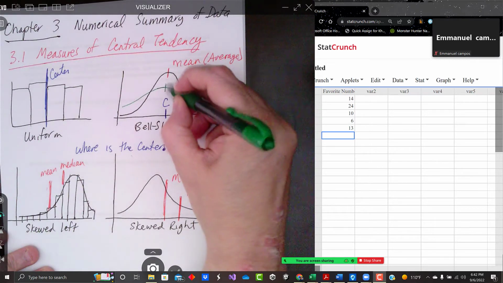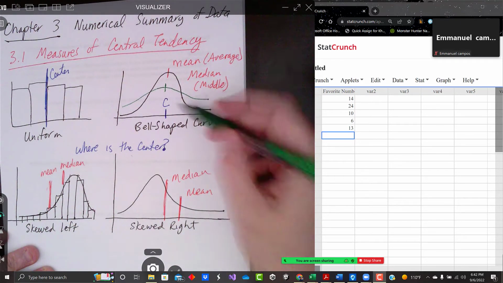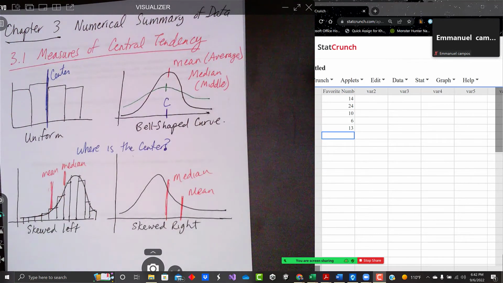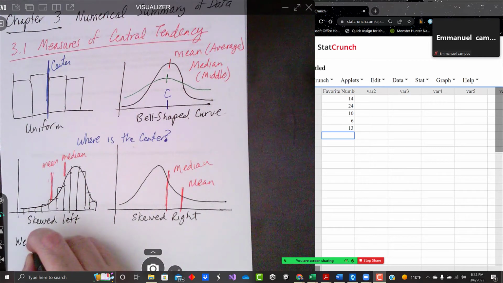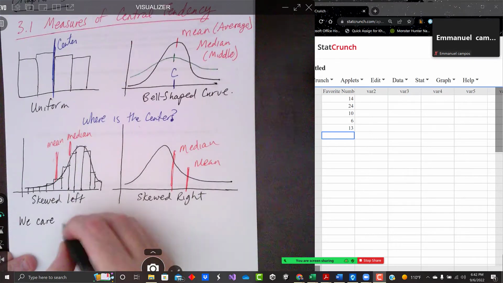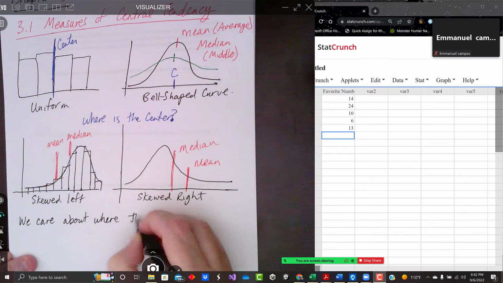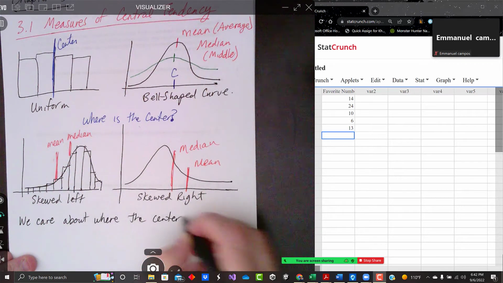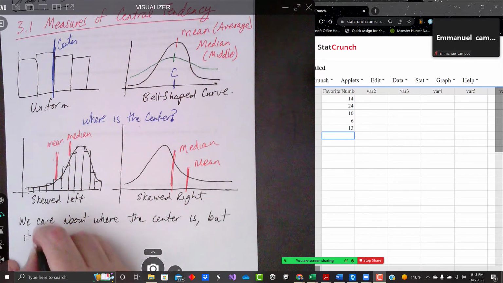They both have the mean and the median in the same spot, but these are drastically different types of graphs. So when we're looking at these measures of central tendency, we care about where the center is. But it doesn't tell all the information that we need.